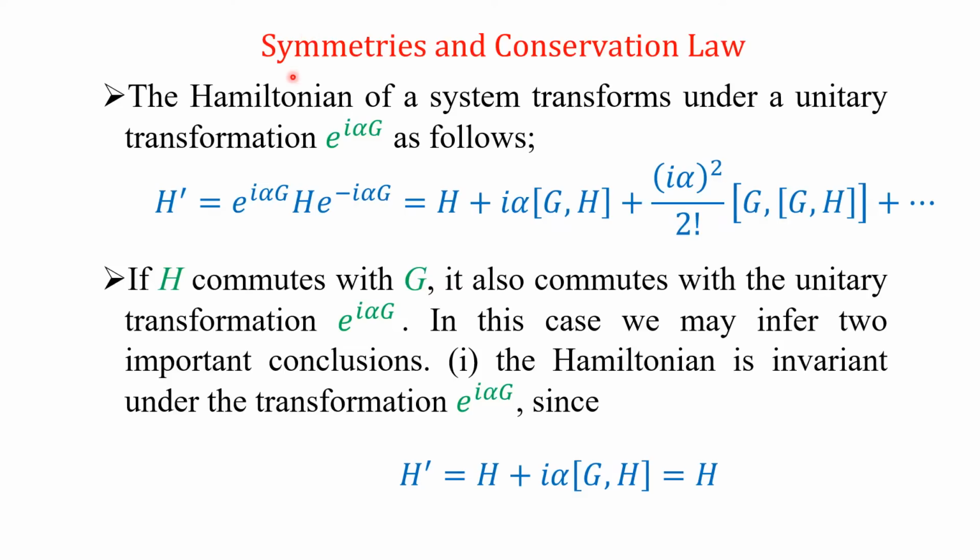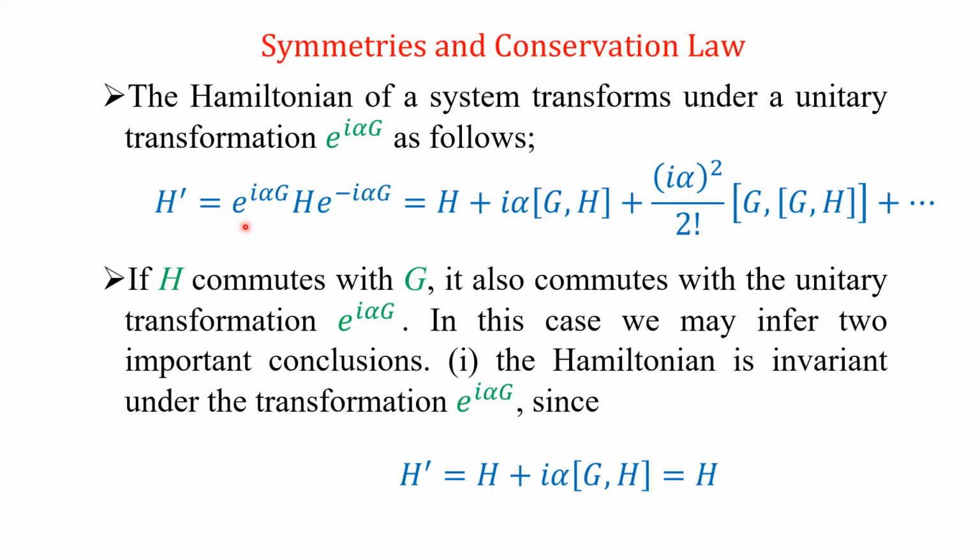Now we will see the symmetries and conservation laws. Just now we have seen how an operator transforms under the unitary transformation e power i alpha G, for the random operator A prime. Now we replace A prime by H prime.